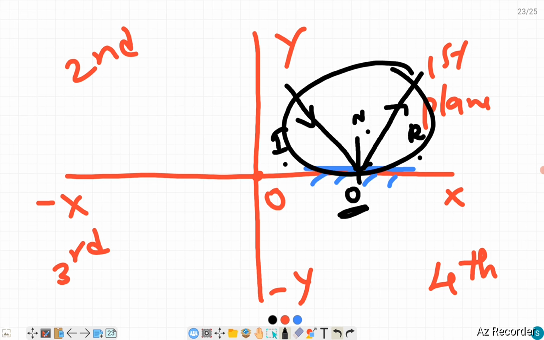All the three are present in the first plane only. Correct? So that what we are telling? Incident ray, normal and reflected ray all lie in the same plane at the point of incidence. Understood? Now when you measure the angles, they will be equal. This I will show you in the simulator. You will understand how this will be working out.